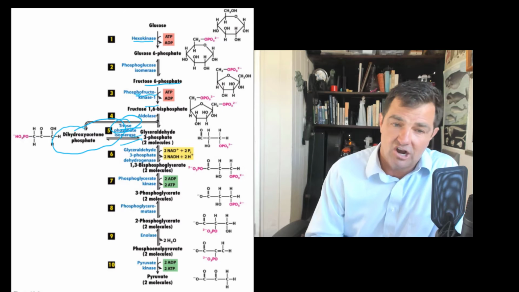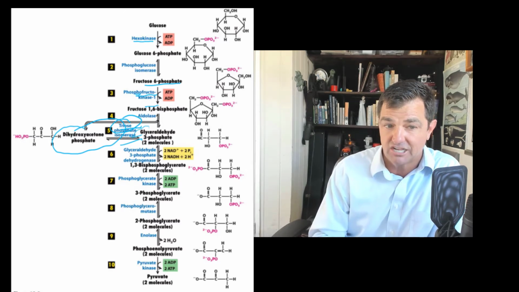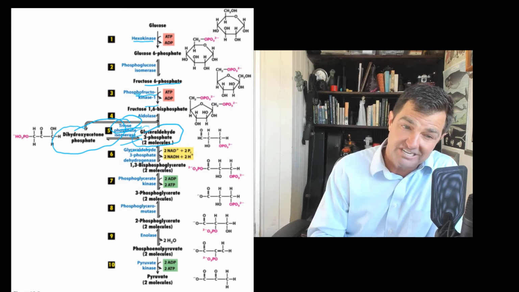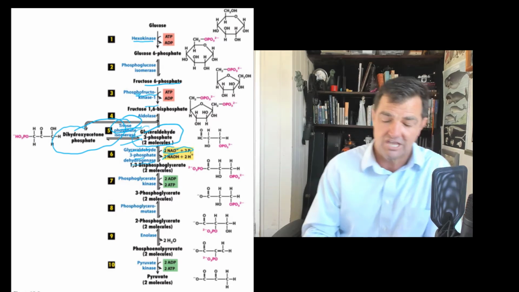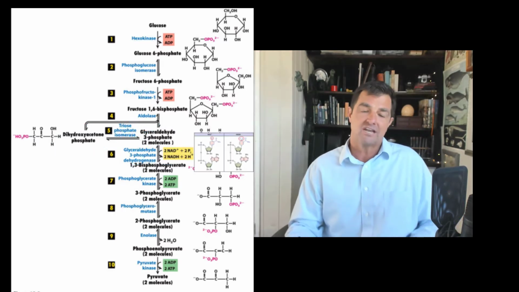So then our intermediate at that point, we have our glyceraldehyde 3-phosphate. Then we use our enzyme glyceraldehyde 3-phosphate dehydrogenase, which then allows us to take NAD and convert that into NADH. Now, why is that important?